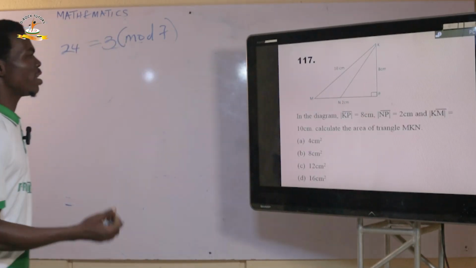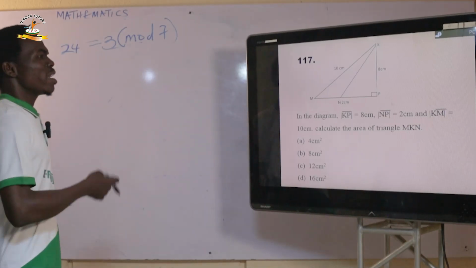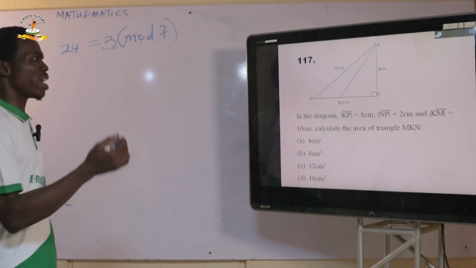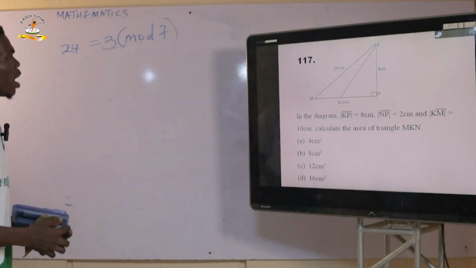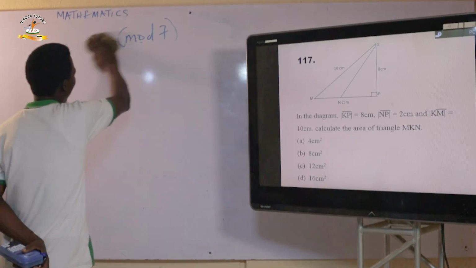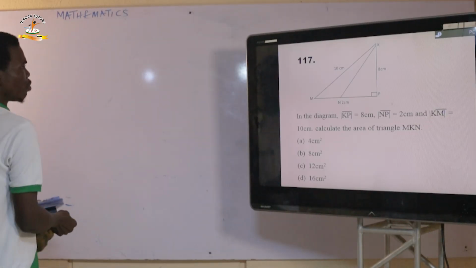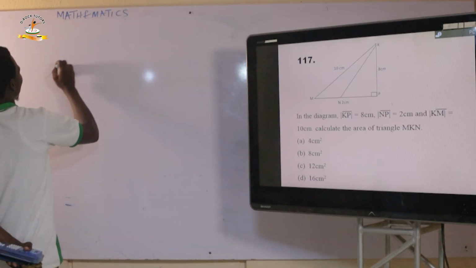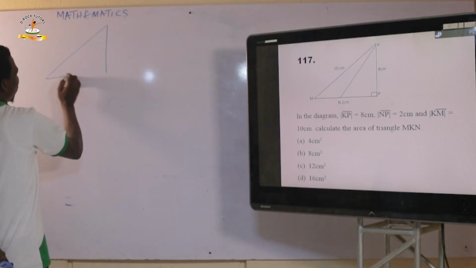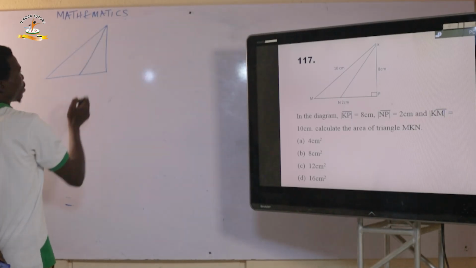Alright, in the diagram, KP is 8 centimeter, MP is 2 centimeter, KM is equal to 10 centimeter. Calculate the area of the triangle MKN. So I will bring out the diagram again for simplicity, and I'll just redraw the diagram. It's a right angle triangle, and we have something like this.